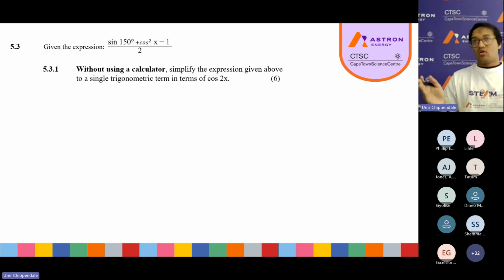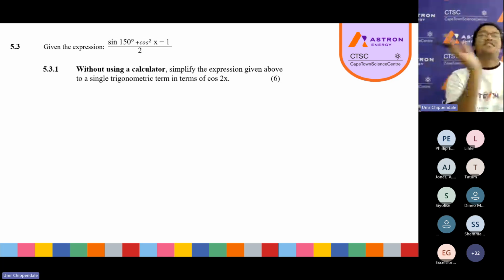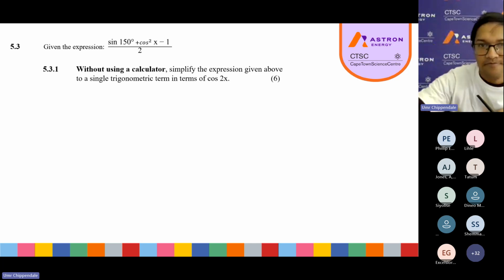It might be cos 2x plus something, cos 2x minus something, or cos 2x divided by something. Either the cos 2x is going to be on top in the numerator or in the denominator, or it's going to be added or subtracted. Let's see. I'll give you 6 minutes, starting now.